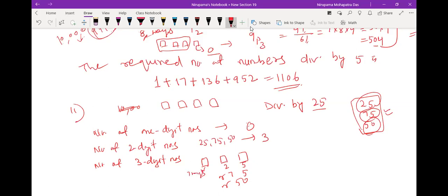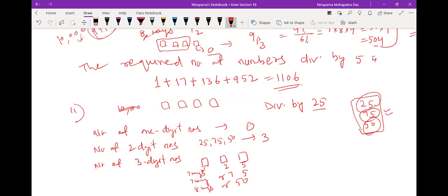Second case also 7 ways. Third case will be 8 ways. I hope you understood: in 50, 2 digits are already used out of 10, so we are left with 8. Any one of the 8 can be placed in the hundreds place. But in the second subcase, 0 we cannot have in the hundreds place, so 7 ways.